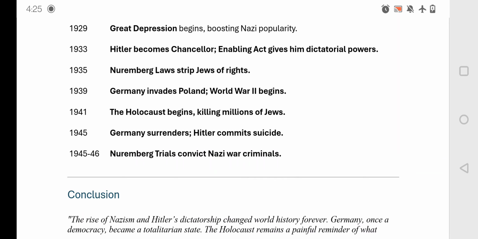1933, Hitler becomes chancellor, because his oratory skills were very good. He used to manipulate and influence people easily, and convince them that he would do something for them. In the time of the Weimar Republic, when it was failing and nobody was there to take the lead, this person took the lead by promising that when in power he would bring economic changes, which he actually did.